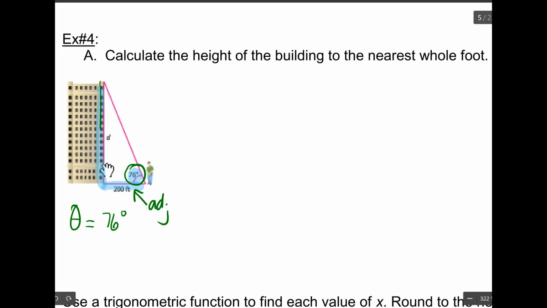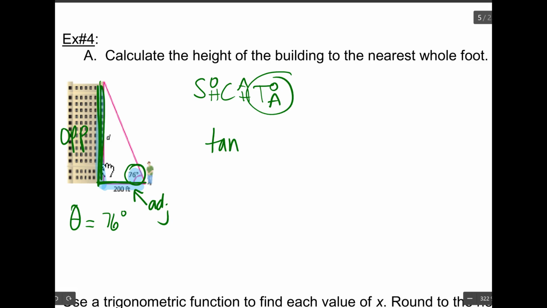And I'm trying to solve for the height of the building. The height of the building here is the opposite. So I want to solve for the opposite side. I have the adjacent side and I have the angle. Which trig function should I use to solve for opposite? Tangent.